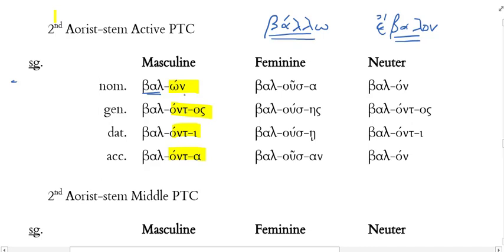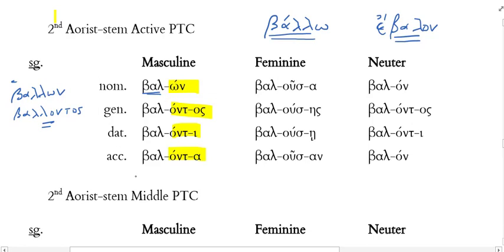Okay, what would the present active participle of ballo look like? It would be ballon, ballontas, okay, and so forth. Look just like this except for the double lambdas here. Okay, so that's what you're going to be looking for to know the difference between the two.